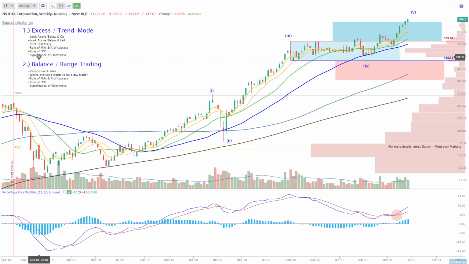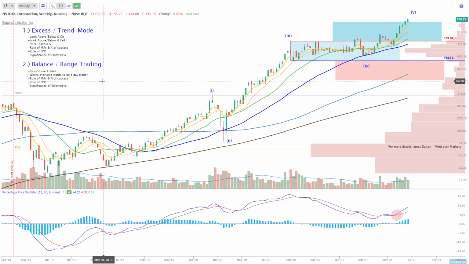break. Again, I'm trying to emphasize that while in balance, the assumption is you will not break out. And that if you do break out, it likely won't happen until the third attempt. Now, when you're in balance or in a correction, an Elliott wave correction, the role of the moving average is really just to tell you that the correction has started.